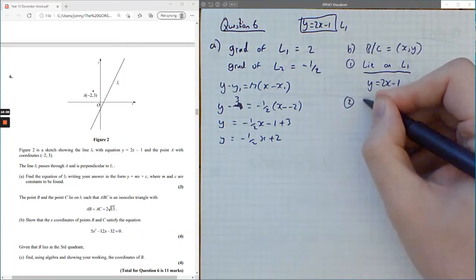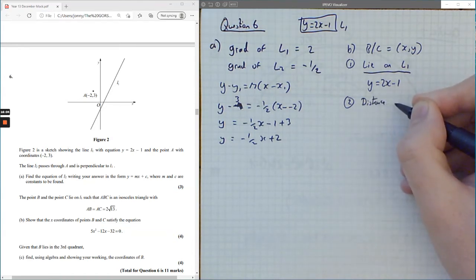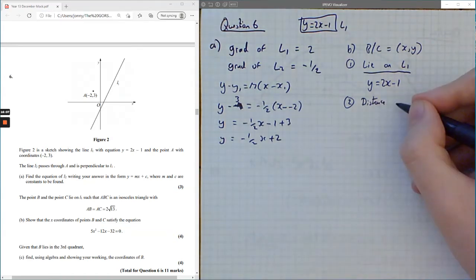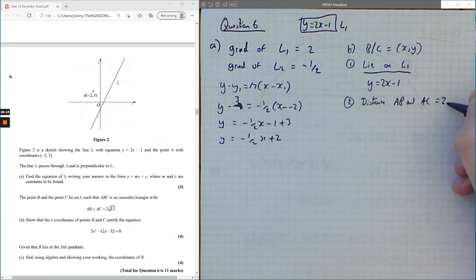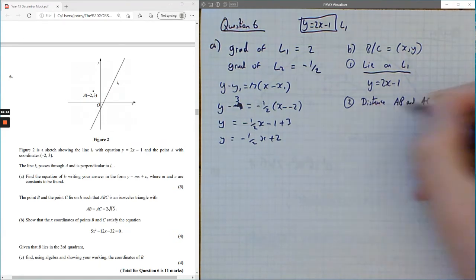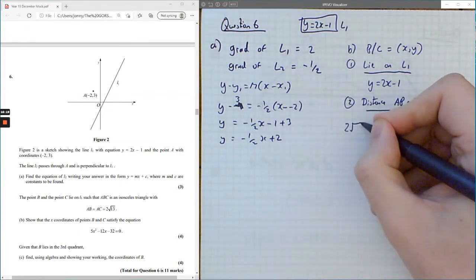The second is that distance. It talks about an isosceles triangle, but really what it's telling you is that the distances AB and AC equal 2 root 13. So we can use the distance formula for that.